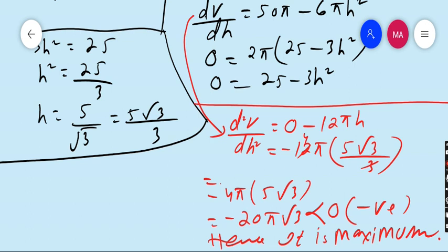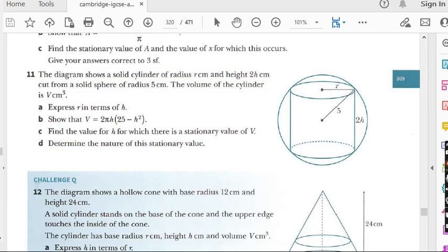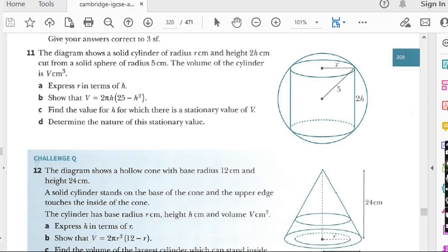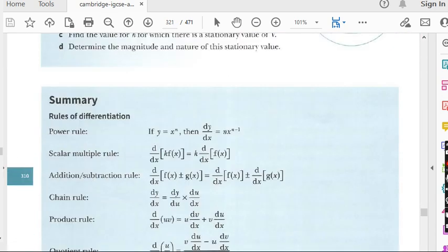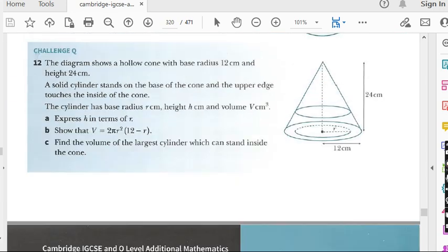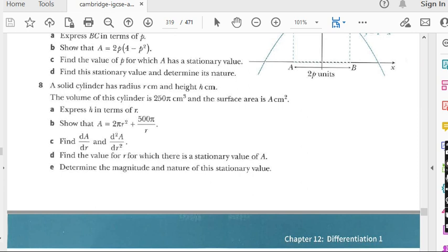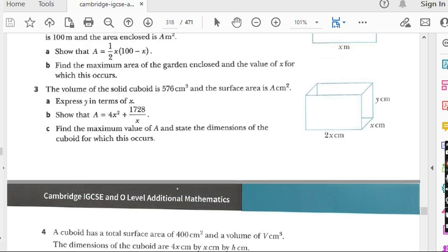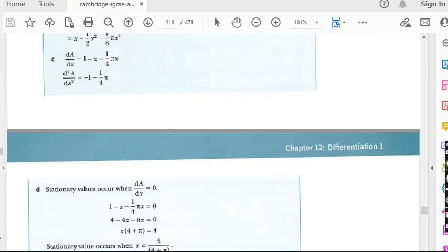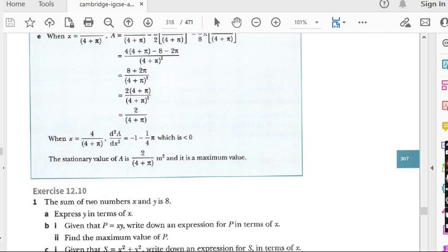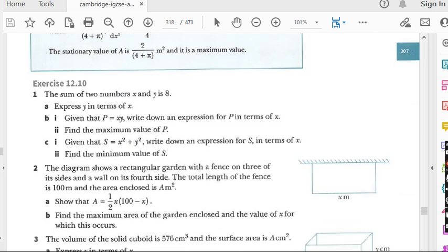And this is question number 11. What next? Nothing. What is the next exercise in this chapter? Nothing. So very good news for you people that today we have not only finished exercise 12.10 but also finished the whole chapter number 12, from exercise 12.1 to 12.10.